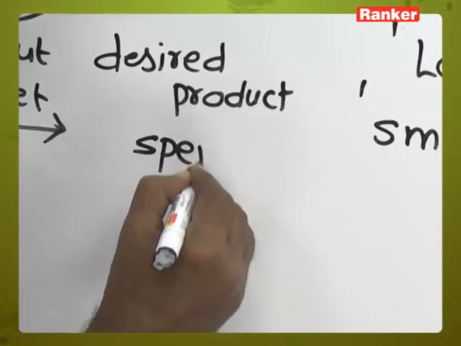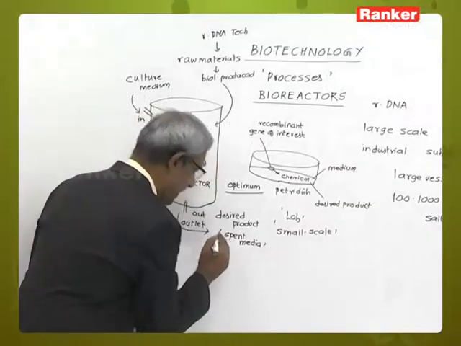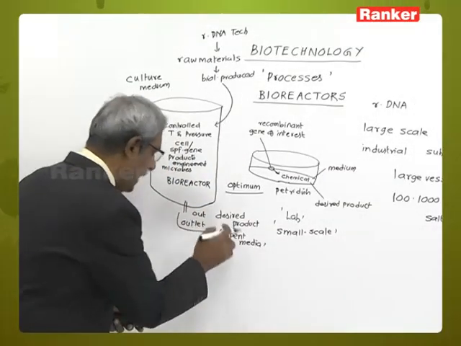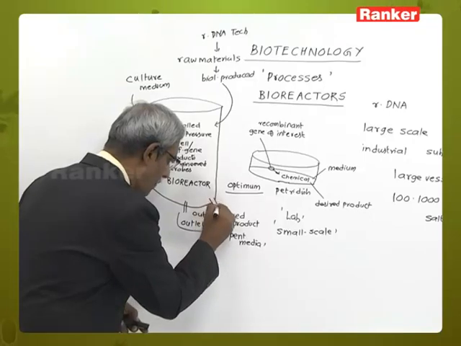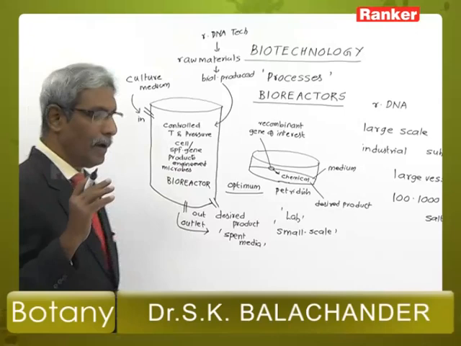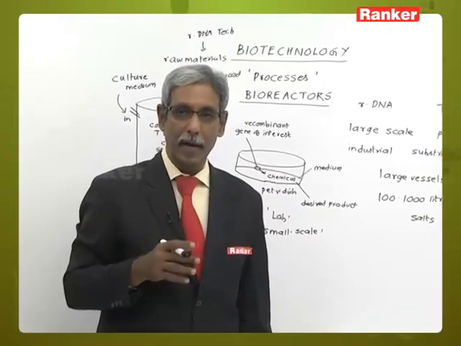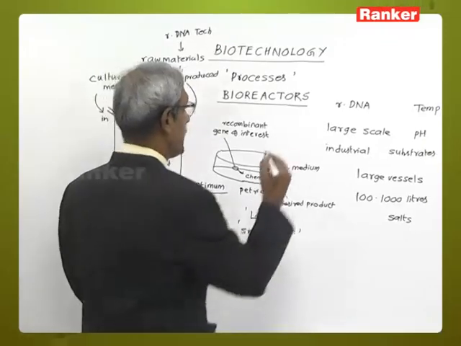The spent media, the used media, is taken out, or the waste is also dispensed. At the same time, your desired product comes out of the bioreactor. And among the bioreactors, we have different types. The most common of the bioreactors is termed as the stirring type bioreactor.